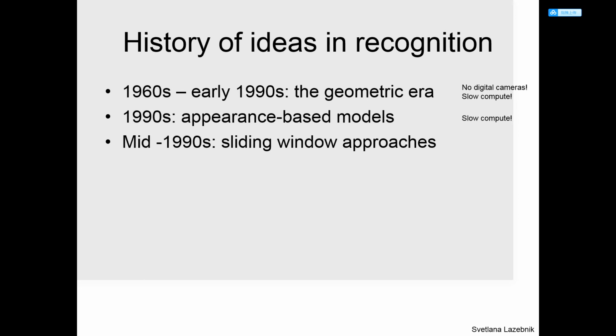Then in the mid-90s, it's interesting if you think in terms of the math capacity required for understanding. It seems to be getting easier and easier, right? From the 60s to the 90s, you needed to understand this geometry a bit. Then in the 90s, people just gave up, and said, okay, let's just think of the appearance.